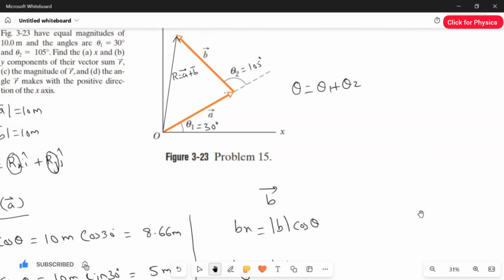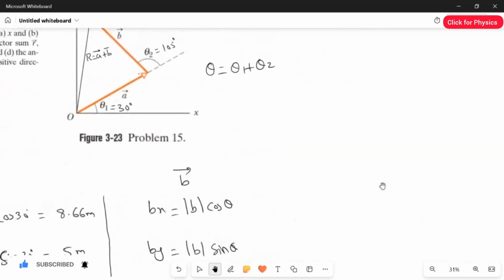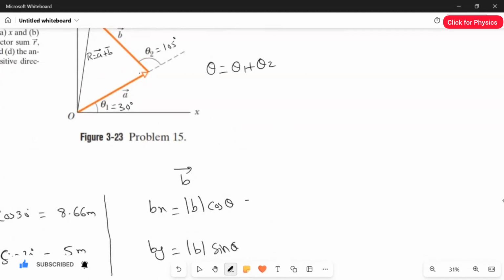Clear? So now I have to use this value here. So we substitute the value. Magnitude of b here is 10 meter, cosine of 135 degree. Why? Because 30 you have to add along with 105, because it's with respect to the x-axis. So we have 135 degree, that angle I used here.